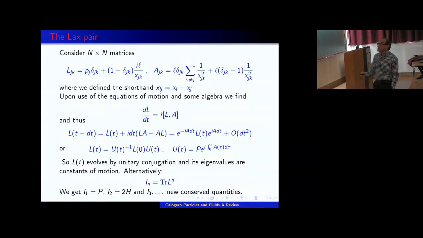That tells you that the evolution of L is through unitary conjugation. The evolution through an infinitesimal time step is through this unitary operator, and the finite evolution is through a big unitary operator that's actually the path or the time-ordered exponential of this field A. So this A is like a gauge field in time in one dimension.